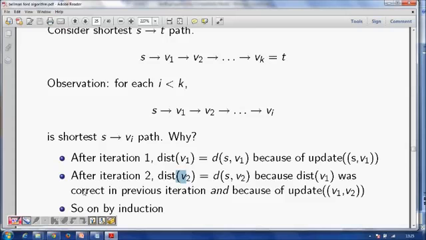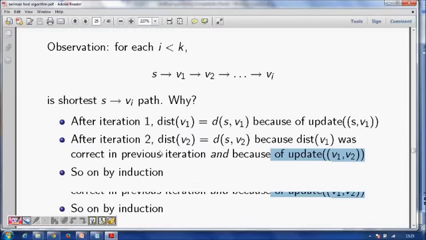So now the v1 to v2 relaxation will be done, and because of that v2 will also have a correct distance. By induction, if you run n minus 1 times, where n is the number of nodes, you are sure to get the correct path for all nodes.